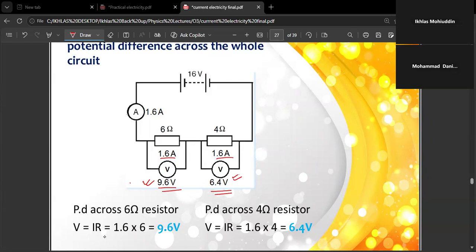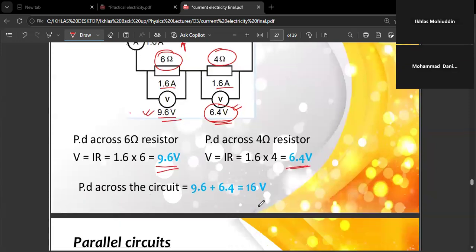So V equals IR. Because the value here is 6 ohm, which is greater, there will be a larger potential drop on this 6 ohm. So 9.6 volts is dropping here, and 6.4 volts is dropping on the 4 ohm. V equals IR is 9.6, 6.4. Got it?